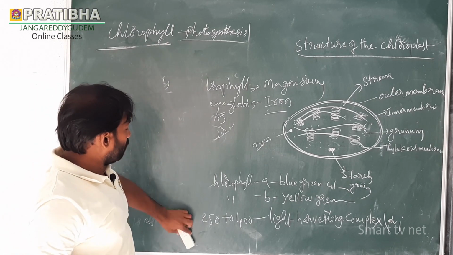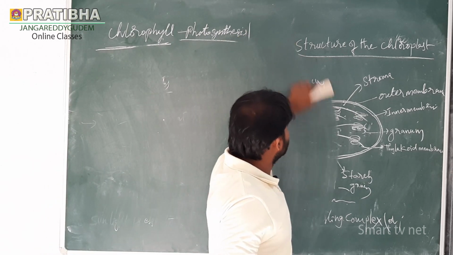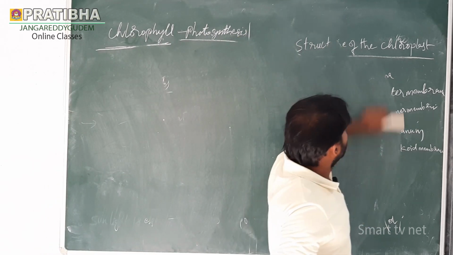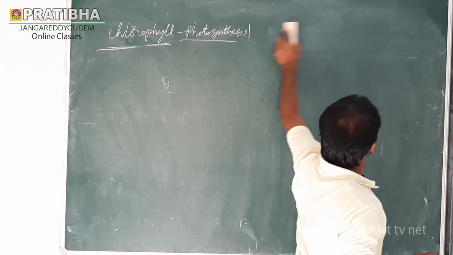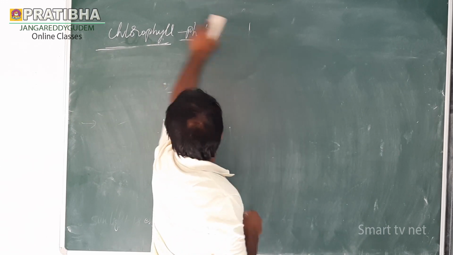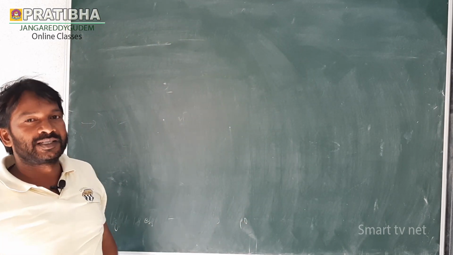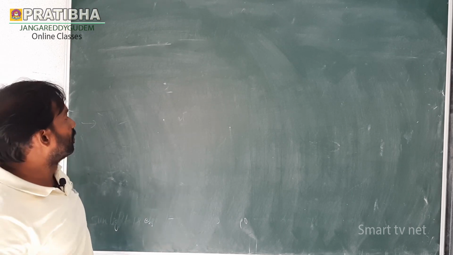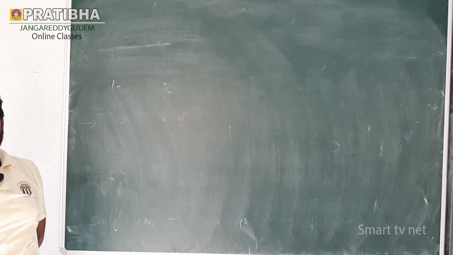Next, photosynthesis. During the photosynthesis process several events occur. Among those events, three are: first, conversion of light energy into chemical energy.